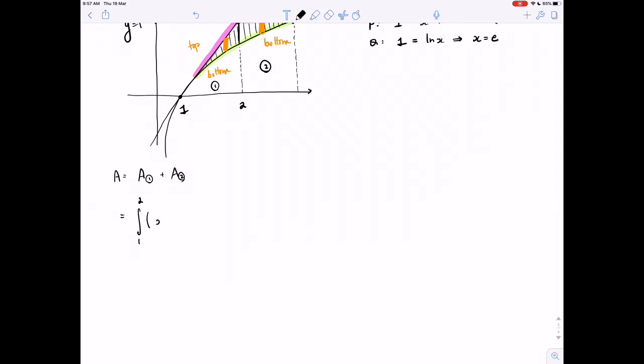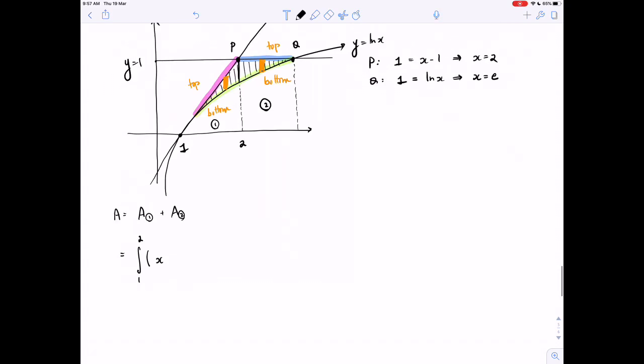The top we want first, so x minus 1 minus the logarithm. And then the integral for the second region is going to be the region from 2 to e. The integral from 2 to e of the top curve now is just 1 minus, and again, the logarithm.